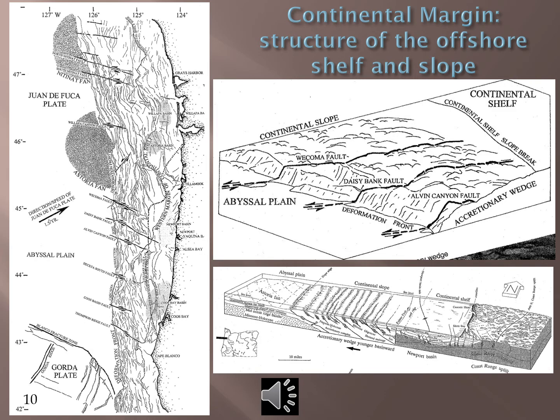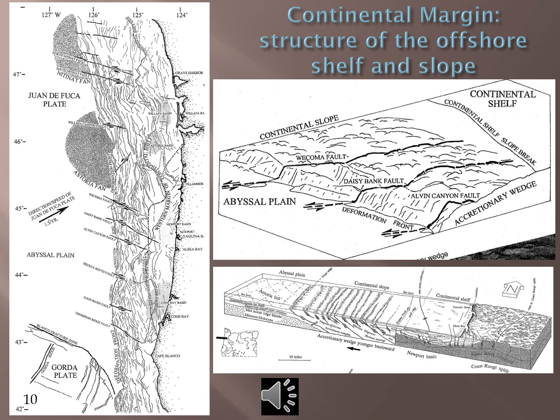West-northwest trending left lateral strike-slip shear faults run from off the coast across the deformation front, the accretionary ridge, and onto the abyssal plain. Nine 20 to 70 mile long faults lie between Cape Blanco and the central Washington coast.